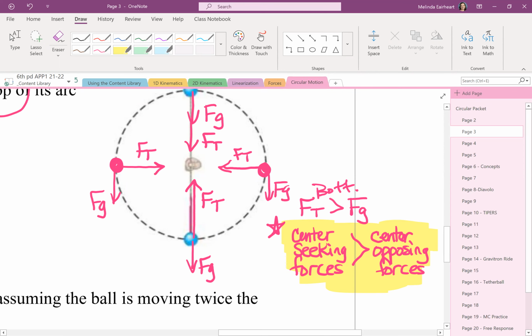Notice a difference too with gravity. On the sides, the gravitational force is perpendicular to the tension force, but it's tangent to the motion at that moment. When it's on the left-hand side, maybe it's going up or down, right? And so you've got that vertical direction here, but that's not part of the circular motion. It's not center seeking, it's not center opposing. So gravity is going to speed it up or slow it down right there.